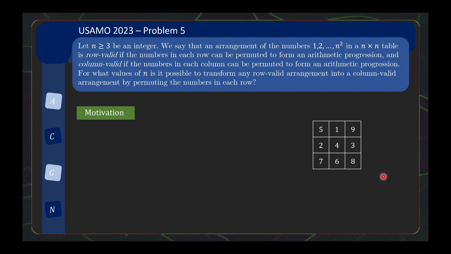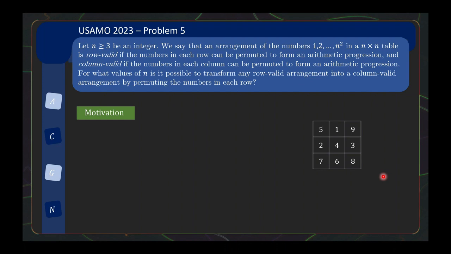Basically, you keep skipping: you take the 1 mod 3 numbers, then the 2 mod 3 numbers, and then the 0 mod 3 numbers. They obviously form APs, and this is quite a nice way to get our 3 APs.